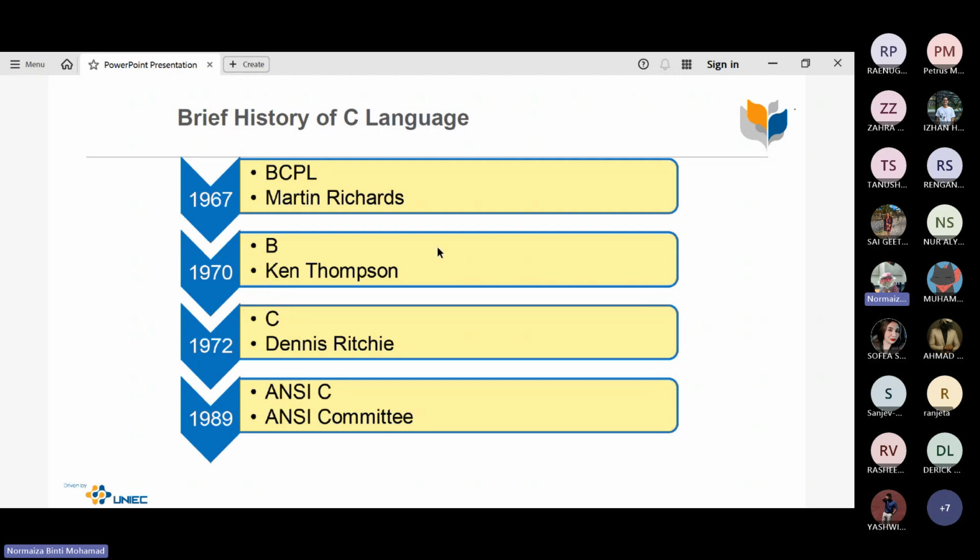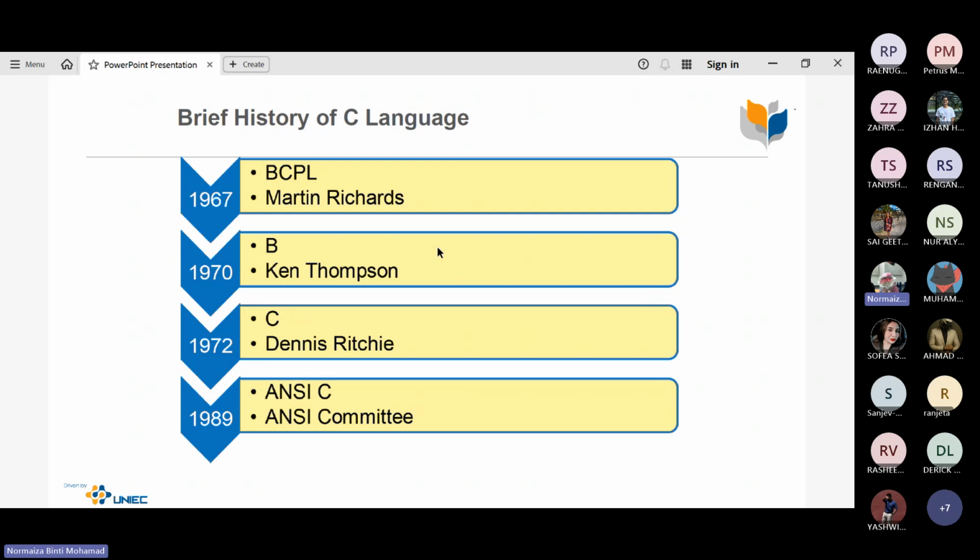Out of BCPL, it took the B. The B language only has a single data type, and the single data type is the one that made it easier for the hardware. And then in 1972, the language was developed by Ken Thompson.